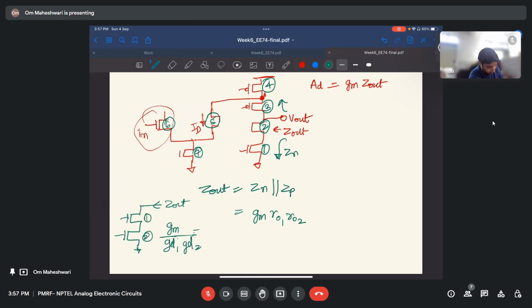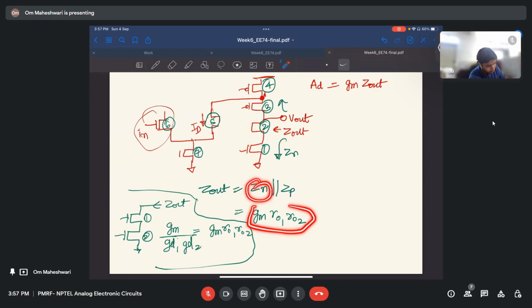I have just written it as Gm Ro1 Ro2. So for these two transistors, this Zn is Gm Ro1 Ro2. Right, write it as Zn only.